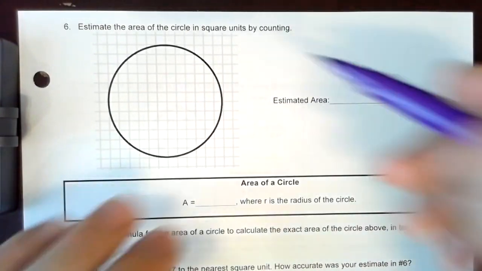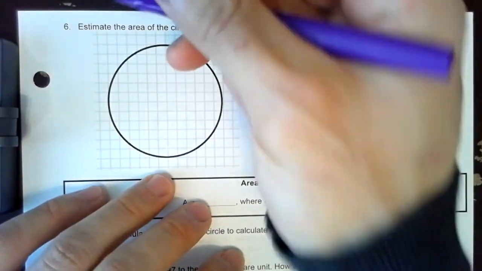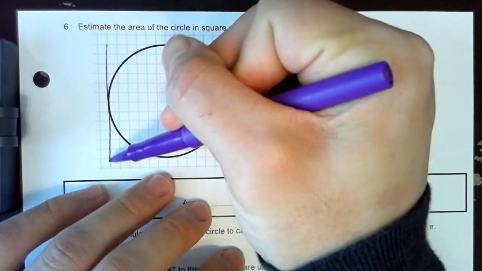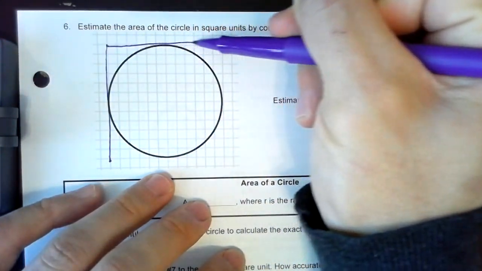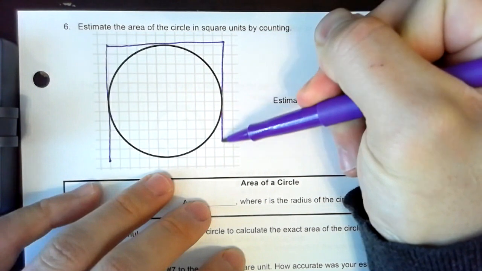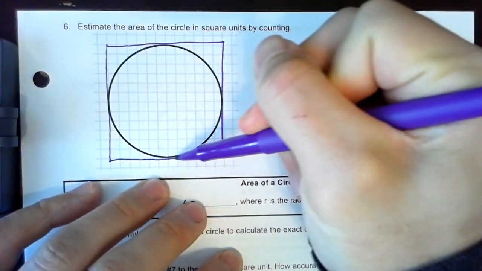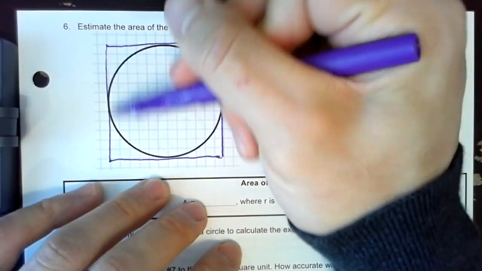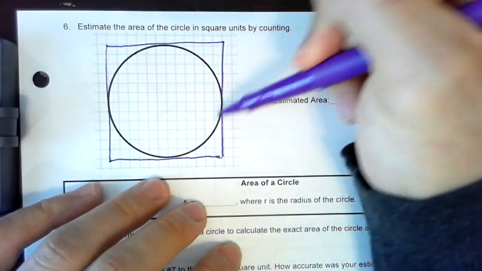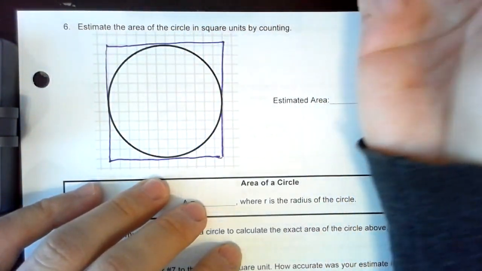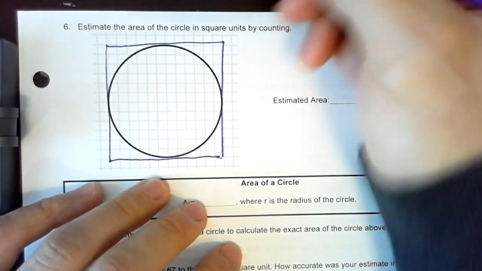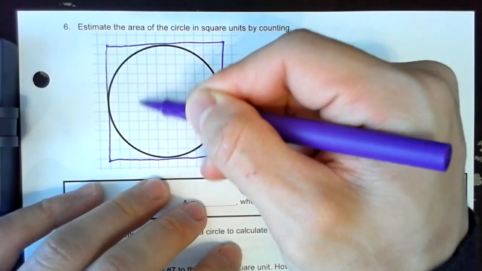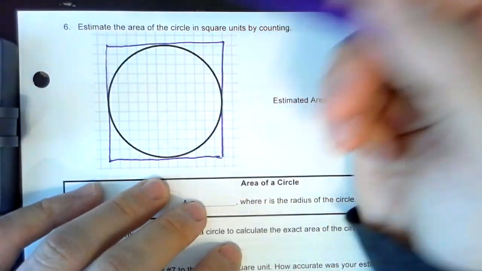Now, we do know that if we wanted to estimate, there are many routes, right? We could say, hey, what if I just calculate the square around the entire circle, calculate that area, and then give or take subtract these outer shavings. That would be one route. Another route would be to just calculate all the total full squares that you see.